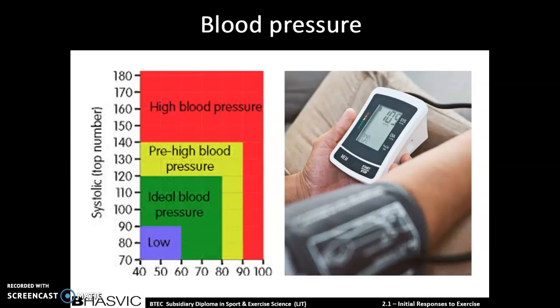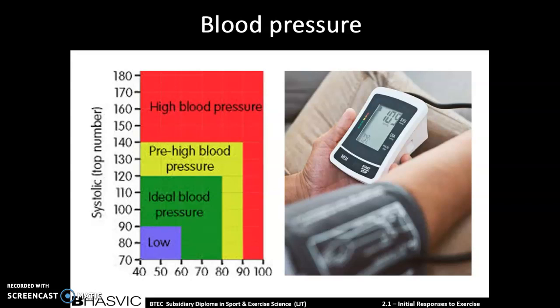This signal is sent back to the cardiac control center and vasomotor control center, which then sends a signal to either vasodilate or vasoconstrict if the blood pressure is too high or too low. The parasympathetic nerve helps to slow it down.